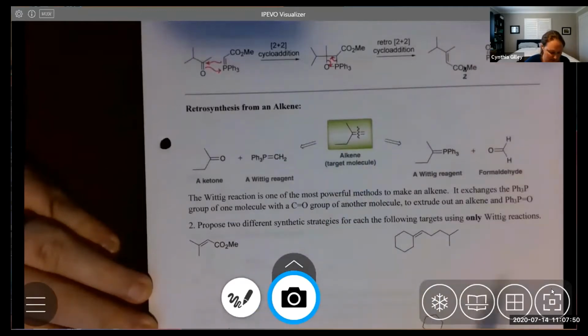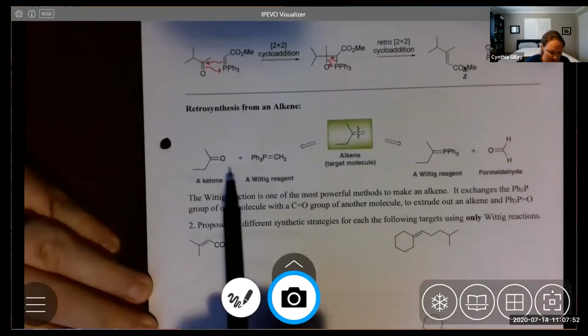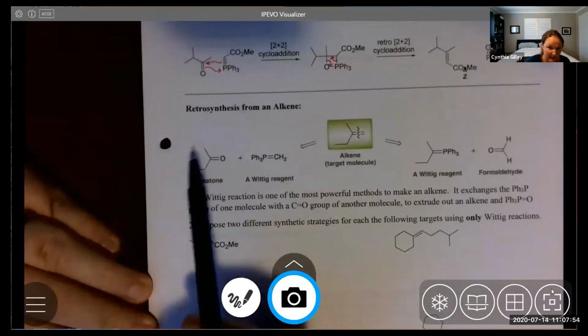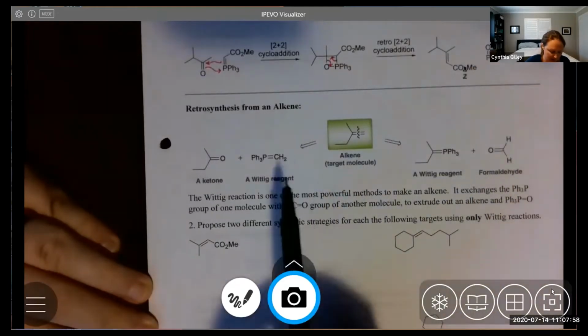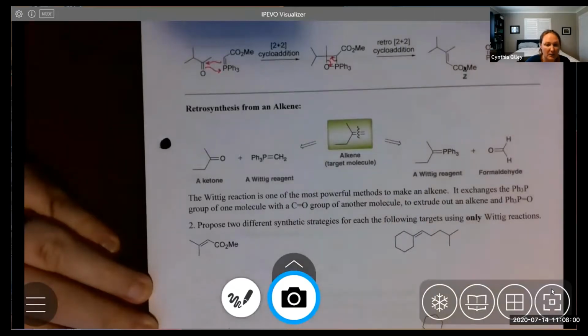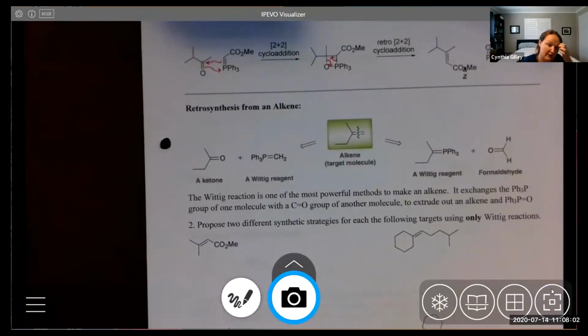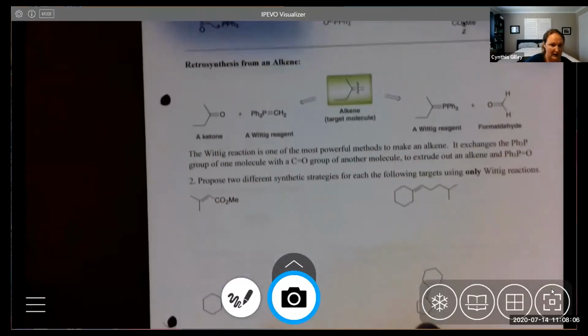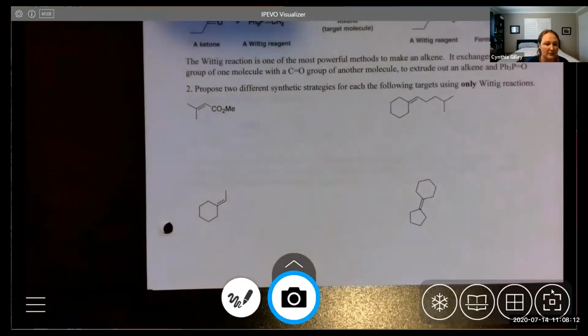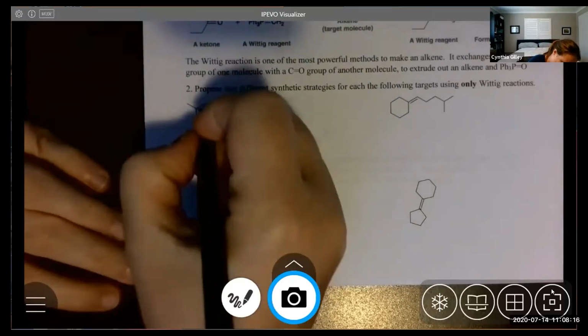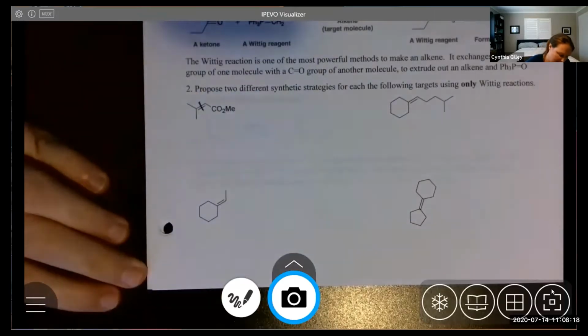This shows two different ways: the carbonyl is either the component on the left or the component on the right, and the other one contains the carbons attached to the triphenylphosphine. This is practice identifying two different components that could have made these alkenes, thinking about making this carbon-carbon double bond.